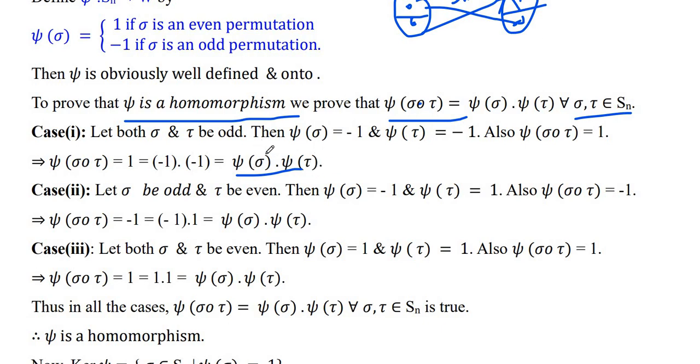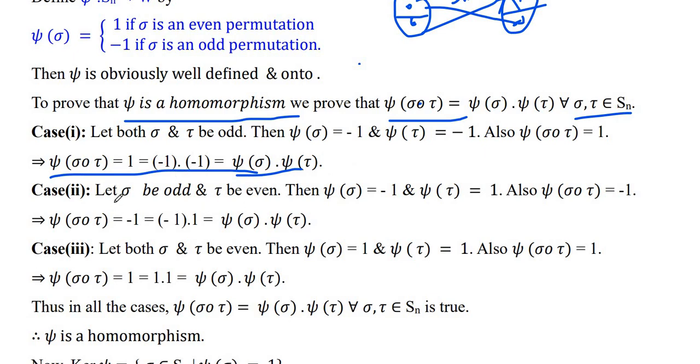Nothing is wrong in saying that it is the same, but usually we write phi of AB equal to phi of A into phi of B. Unless the codomain is an abelian group, it has to be written in that order only. Here it is abelian, so order is immaterial, but it is customary to write in this way.